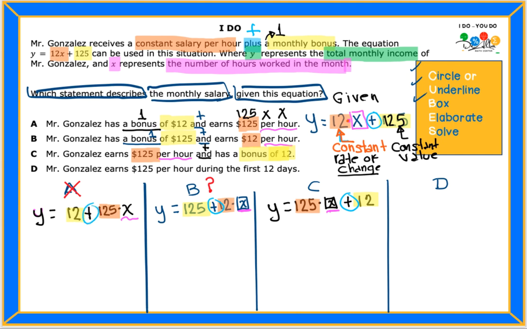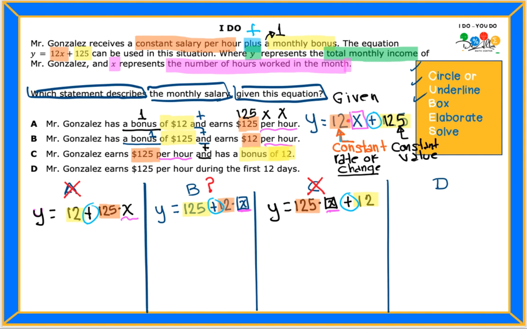And I compare my answer. And choice C, you see 125 multiplies x. But on the given equation, 12 multiplies x, not 125. Can we use this answer as a correct answer? No, we can't. Great, now let's analyze D.